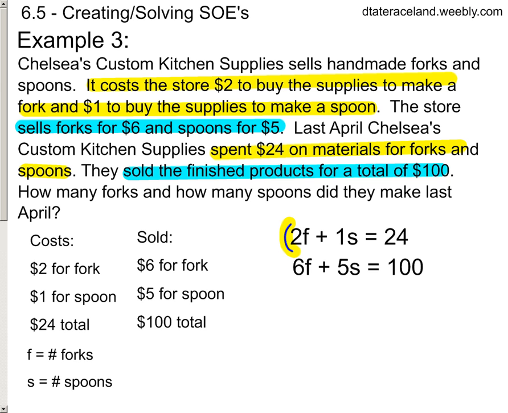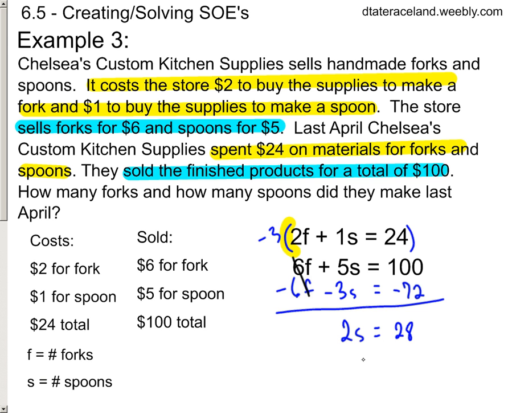Multiply this by -3, and we get -6f minus 3s equals -72. My f's are eliminated. I have 2s remaining, and I have 28 over here. Divide both sides by that, and I have 14 spoons. So I have 14 spoons ready.